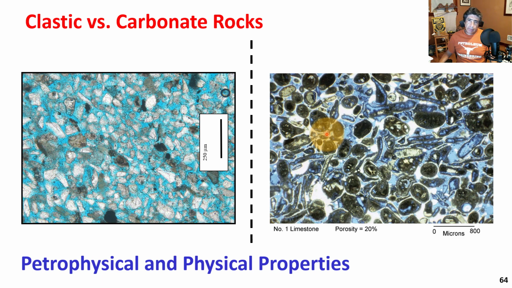But we have indicated that there are a number of similarities, but there are also many differences that warrant a more specific description of the impact that these differences have on the petrophysical properties.